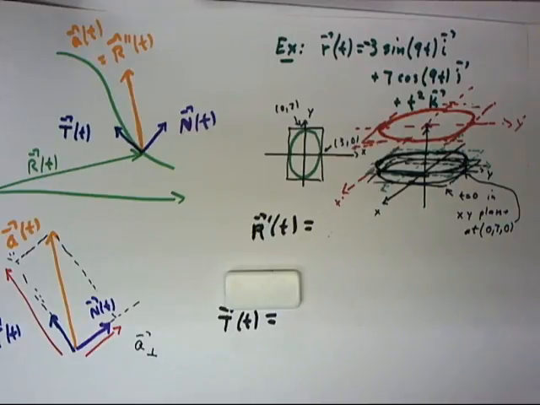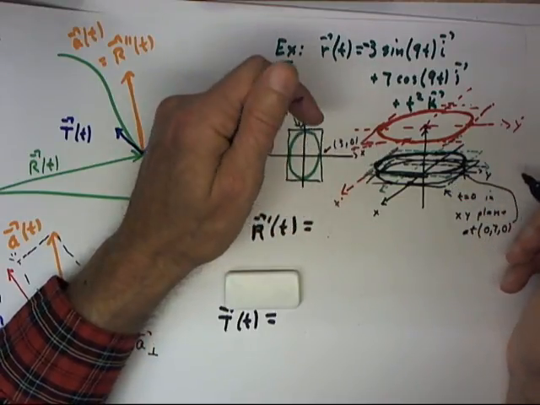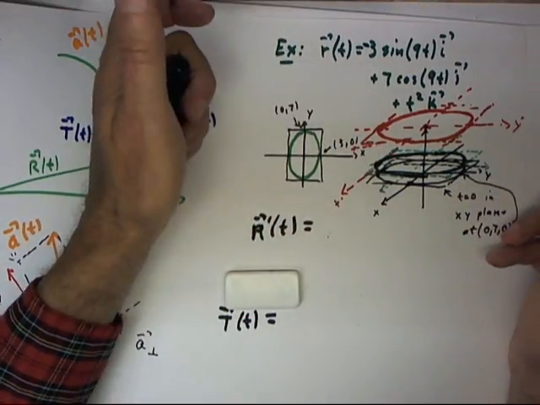Now let's think about a time scale. We don't know what this distance is here, but it looks like maybe it's a unit distance.